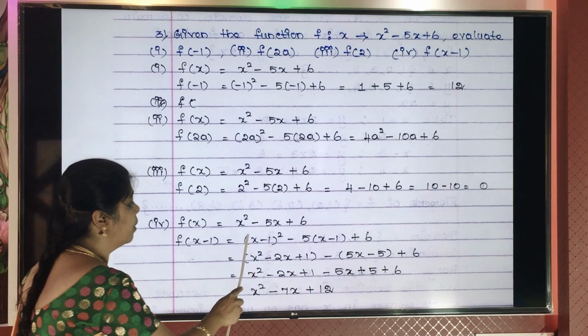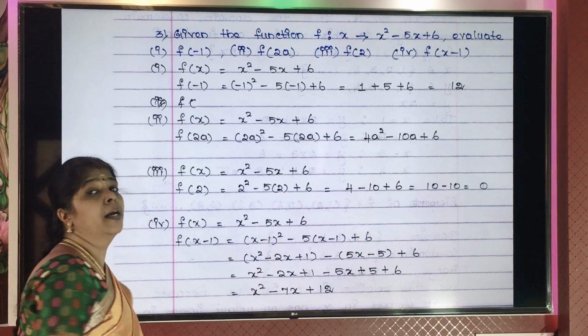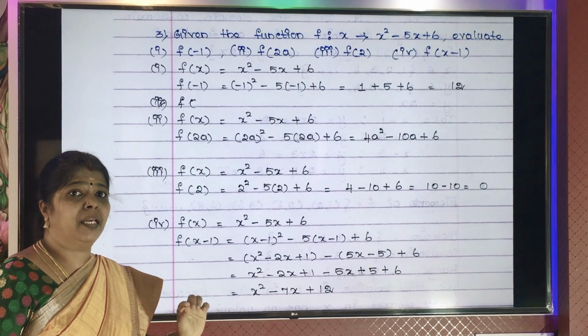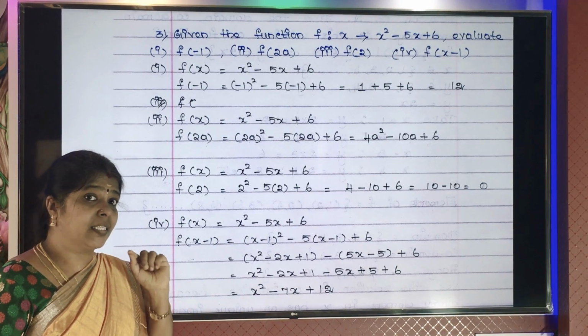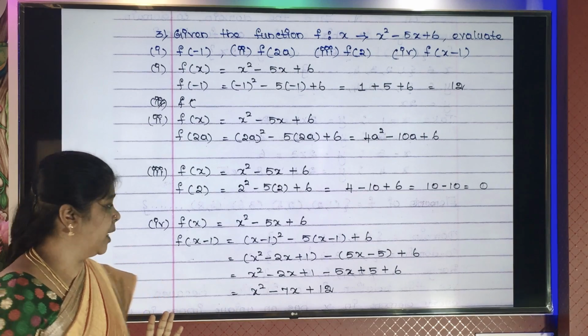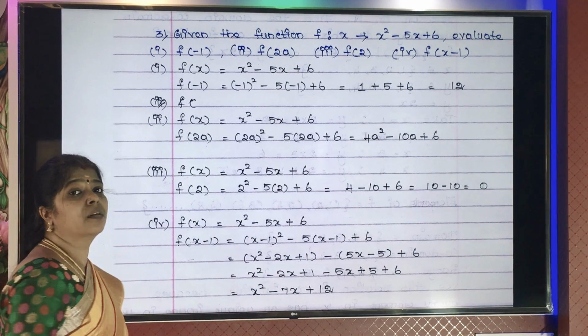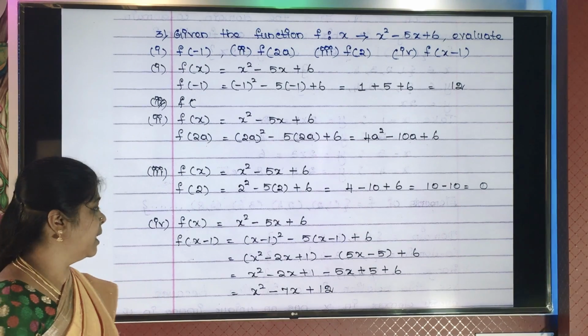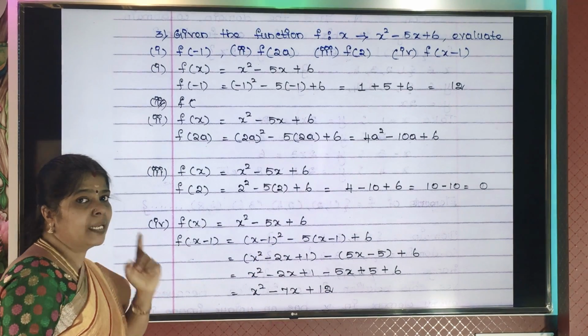Children, whenever you have the whole square, please remember you need to apply a plus b the whole square formula, or it is a minus b the whole square. Now when this sum, you tell me what it is? Yes, a minus b the whole square. Please remember.